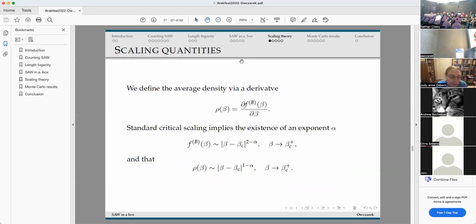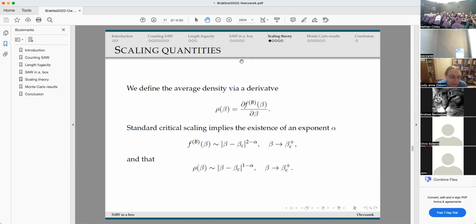I chose this talk because of its relationship to scaling arguments and to demonstrate the power of them. If we look at the average density, which is just the first derivative of the free energy with respect to our parameter beta, then because there's a standard scaling at a critical point for the free energy, as beta minus beta c to the exponent 2 minus alpha, that's the standard format.